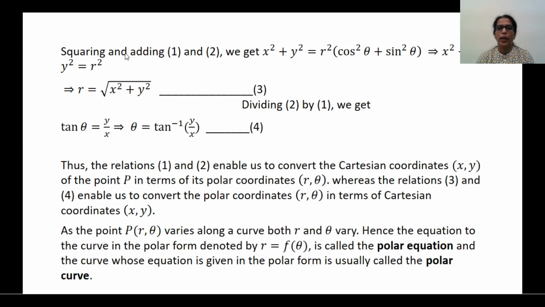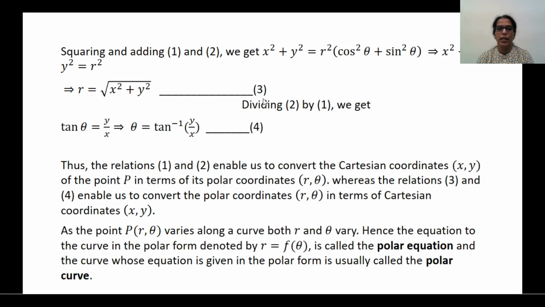Now, squaring and adding equations 1 and 2, we get x square plus y square equal to r square into cos square theta plus sin square theta, which implies x square plus y square equal to r square. r is nothing but root of x square plus y square. Call it equation 3.